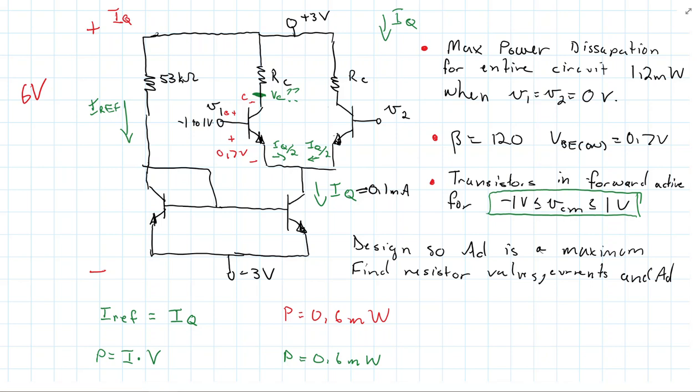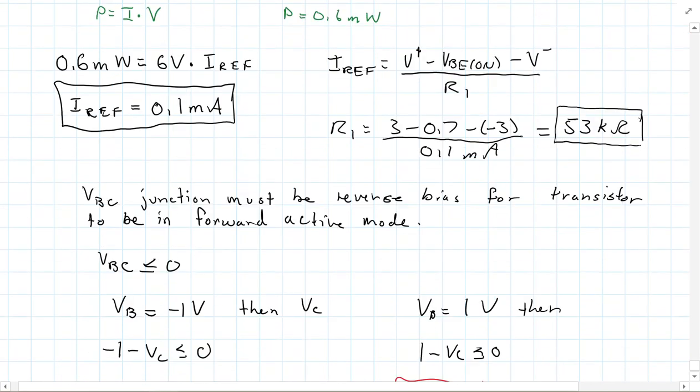So I'm going to let this be here, VC. I have to make it at least 1 volt. So I'm going to make it 1 volt. I could make it 2 volts, but we'll see in a second here why you wouldn't want to do that.